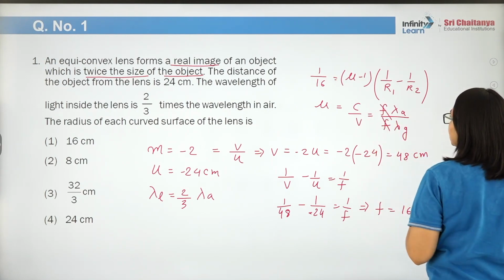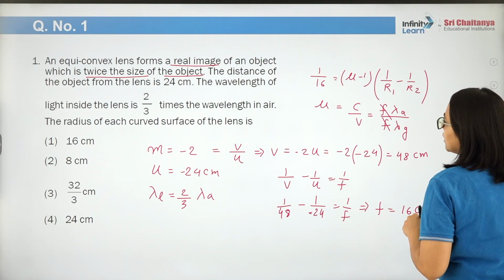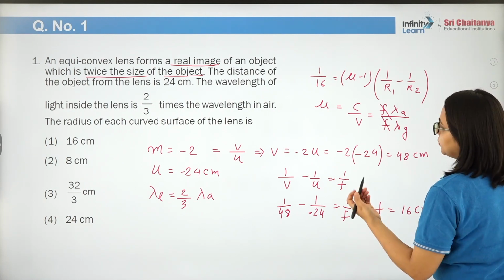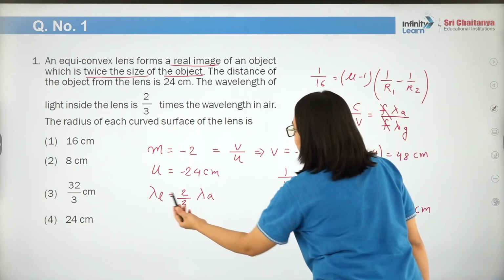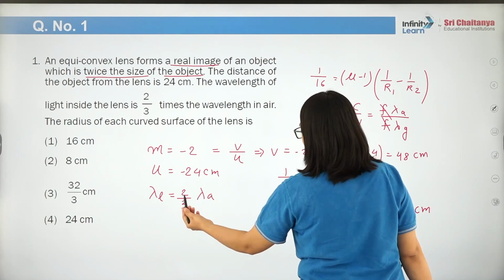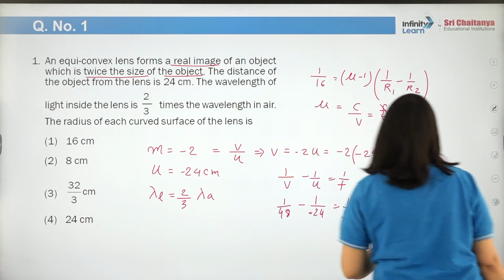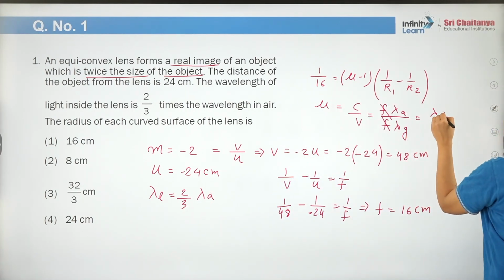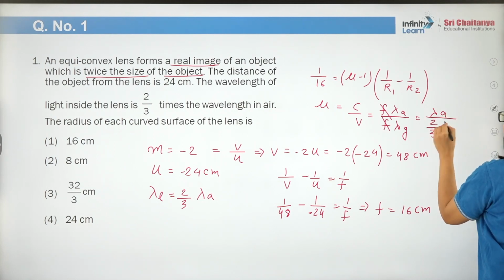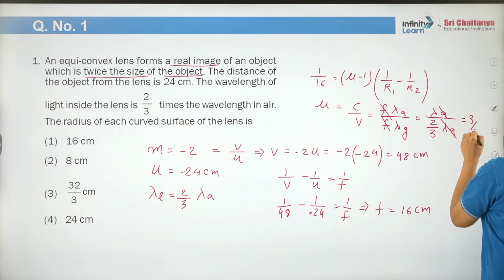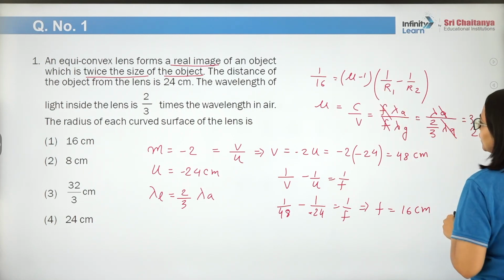So frequency cancels. So over here, lambda in glass or lens is 2 by 3 times lambda A. So this will be lambda A by 2 by 3 times lambda A. Lambda A cancels. So it will be 3 by 2. So mu is 3 by 2 over here, right?